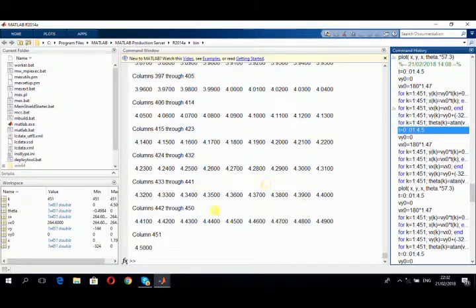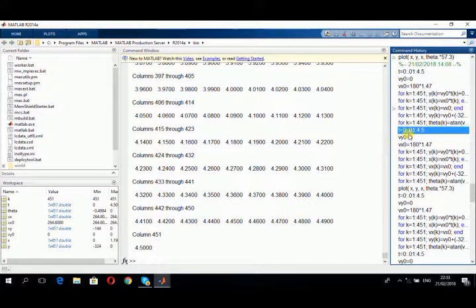That means we have 451 elements inside this variable t. You can recognize also in the workspace that t is one row times 451 columns, or 451 elements.